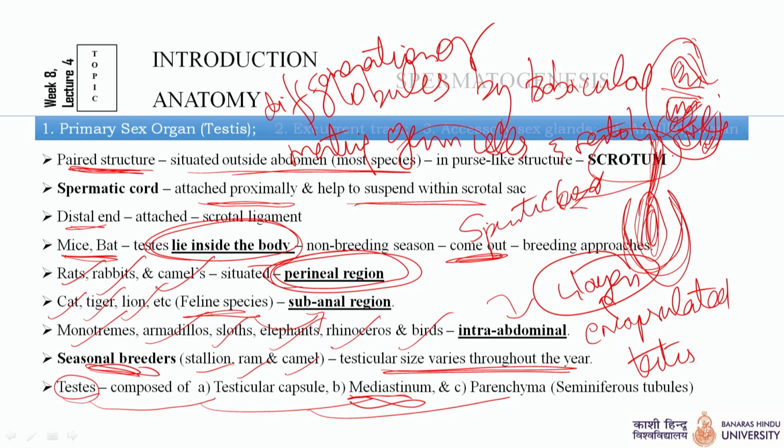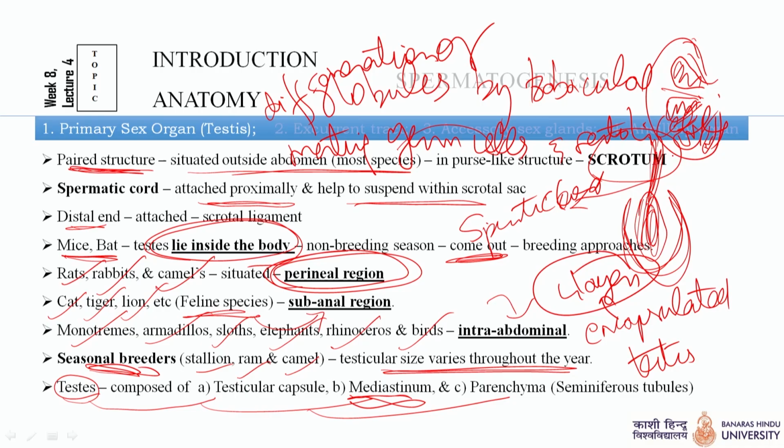So the testicular parenchyma is comprised of seminiferous tubules. These seminiferous tubules consist of different generations of germ cells, such as spermatogonia, starting from the basal part and then the adluminal part. Adluminal part means it is facing towards the lumen, that is called the adluminal part.